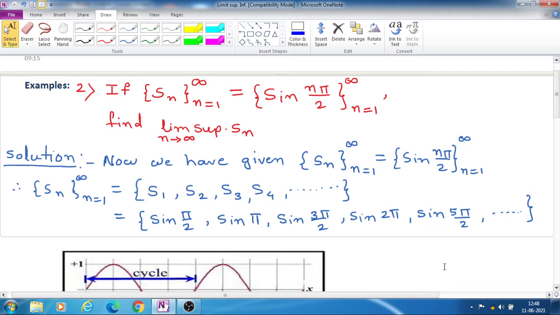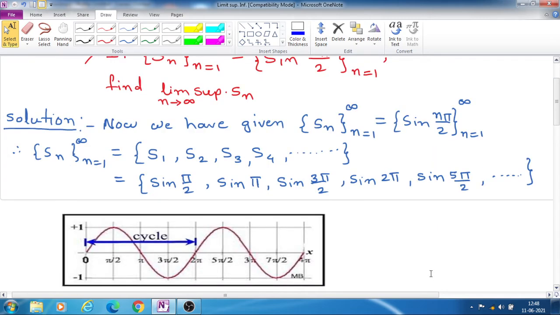Now limit superior Sn is equal to the limit of capital Mn. Capital Mn is the LUB of Sn, Sn plus 1, Sn plus 2, and so on.